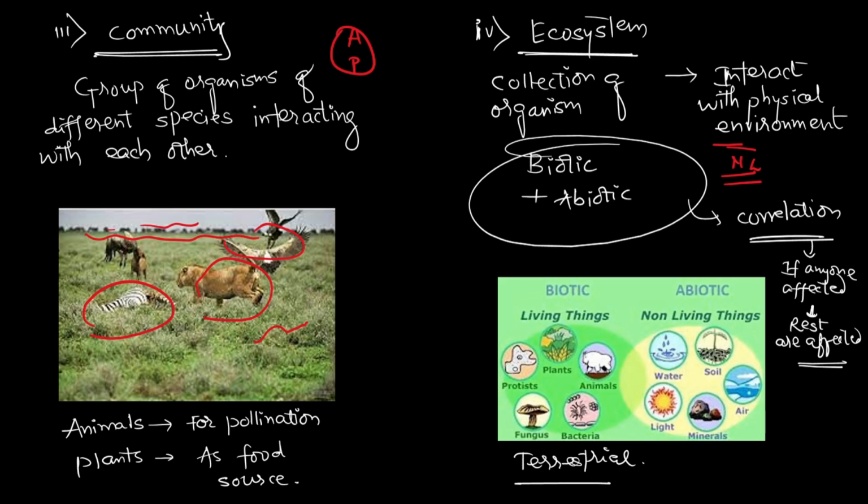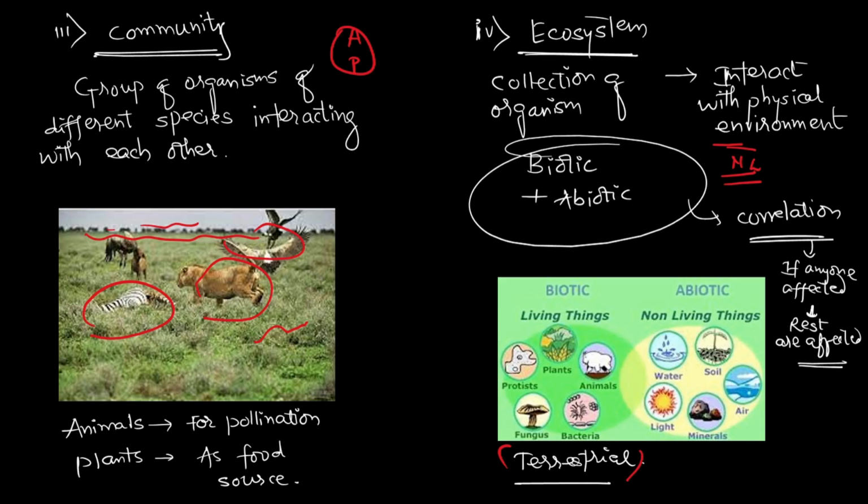When the biotic components interact with the abiotic components and are in correlation, that is when the ecosystem is considered. For example, we have considered a terrestrial ecosystem here. In a terrestrial ecosystem, there are two different components, biotic and abiotic. When they are interdependent, that is said to be an ecosystem.